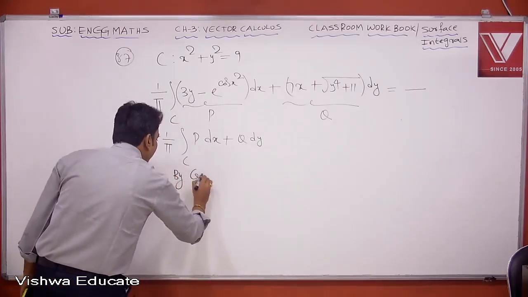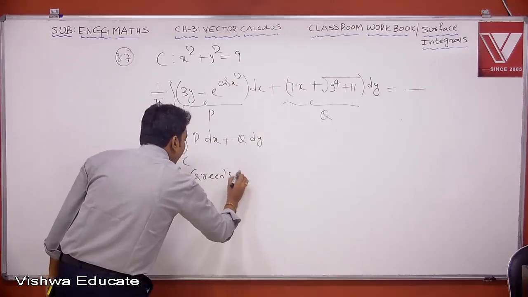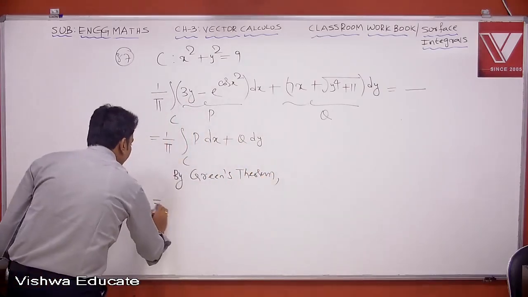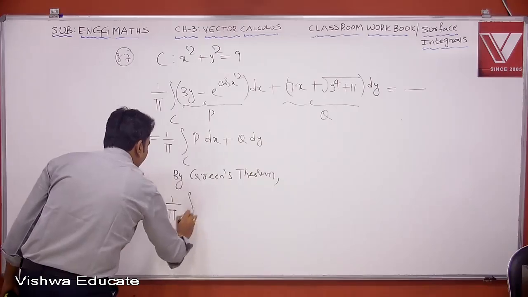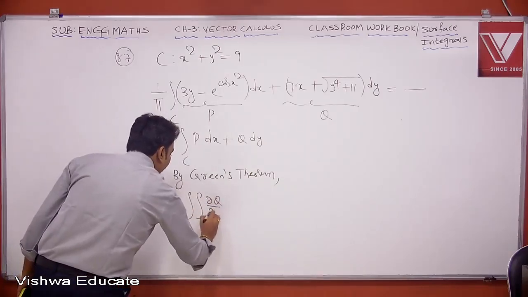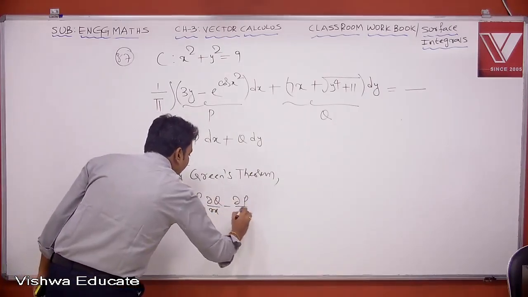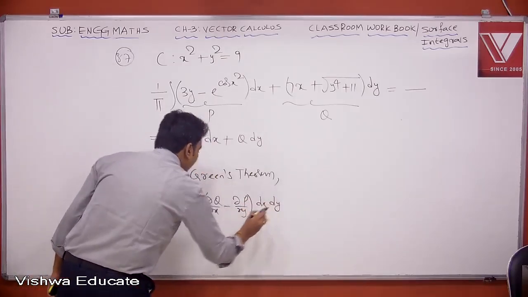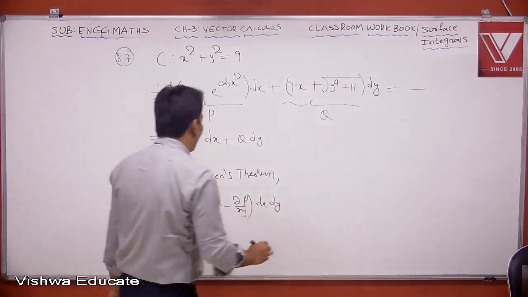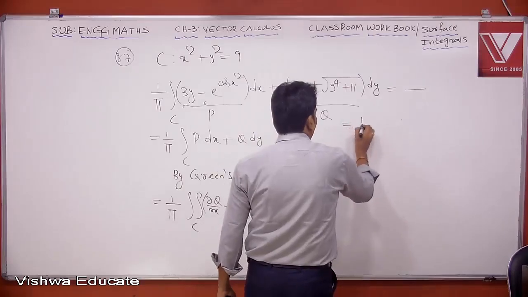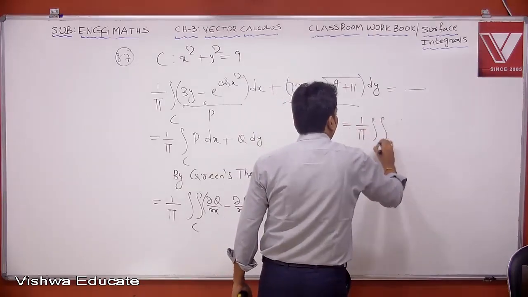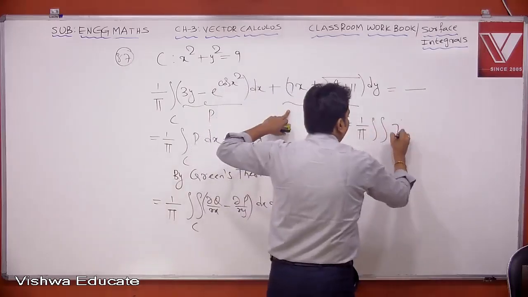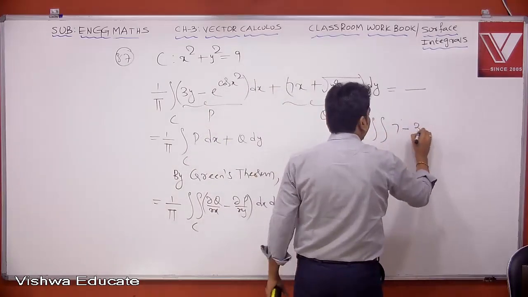So by Green's theorem, this line integral becomes 1 by pi into double integral of (dou Q by dou x minus dou P by dou y) dx dy over C. Now dou Q by dou x is 7, and dou P by dou y is 3.